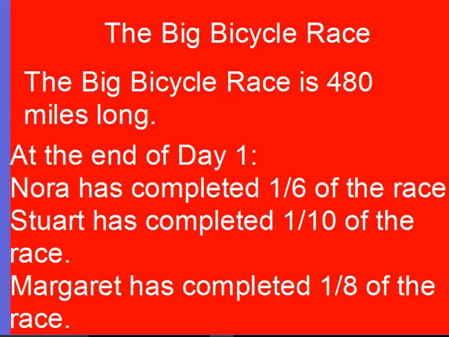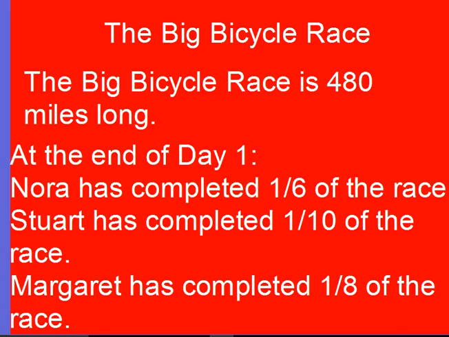They enter long races that last several days. This year they're entering a big bicycle race, and like it said, the total distance is 480 miles. Each day they're allowed to ride for 6 hours and then they have to rest. So we want to know at the end of day one, how much did each one complete of the race?